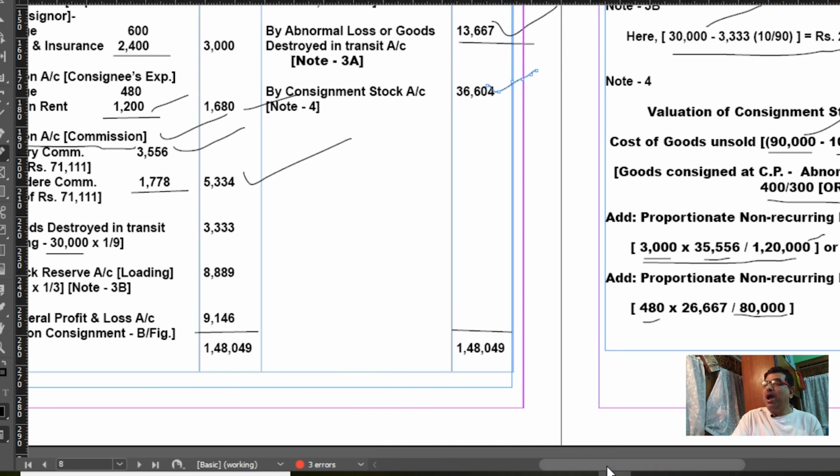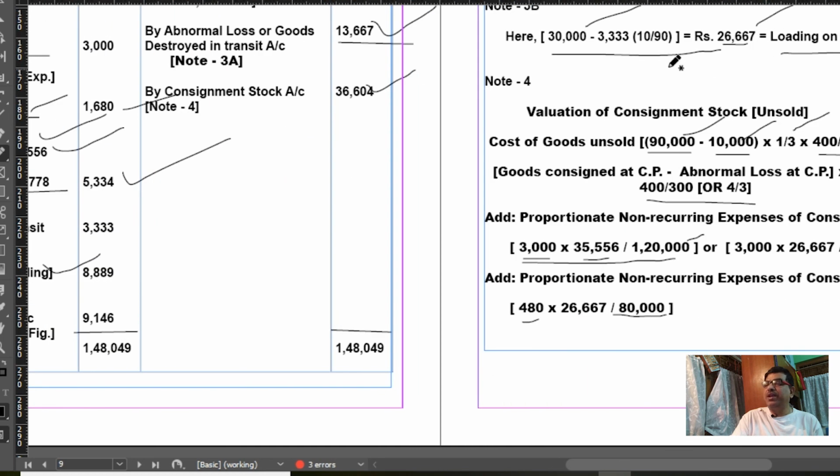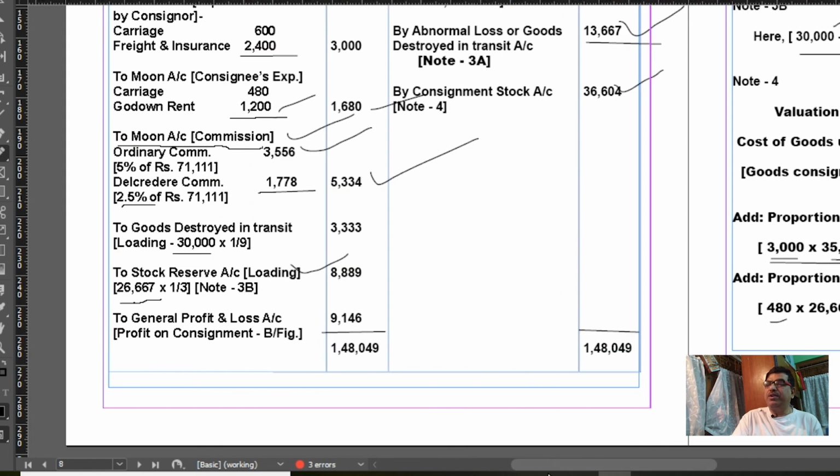Similarly, I told you many times that loading is to be charged on consignment stock. Therefore, the opposite entry will have to be passed to stock reserve account, that is the loading. 26,676, we got this amount from this calculation here, and therefore that amount into 1/3. 1/3 profit is charged and it is the cost price.